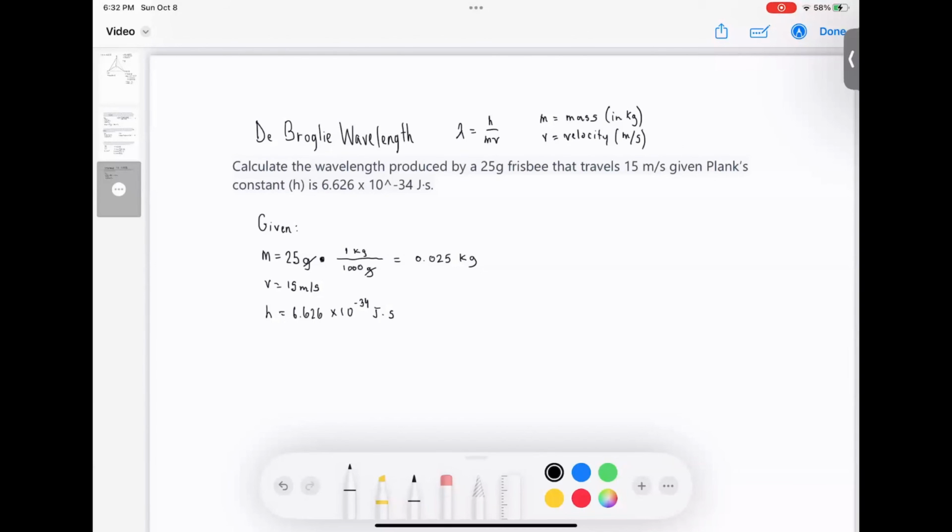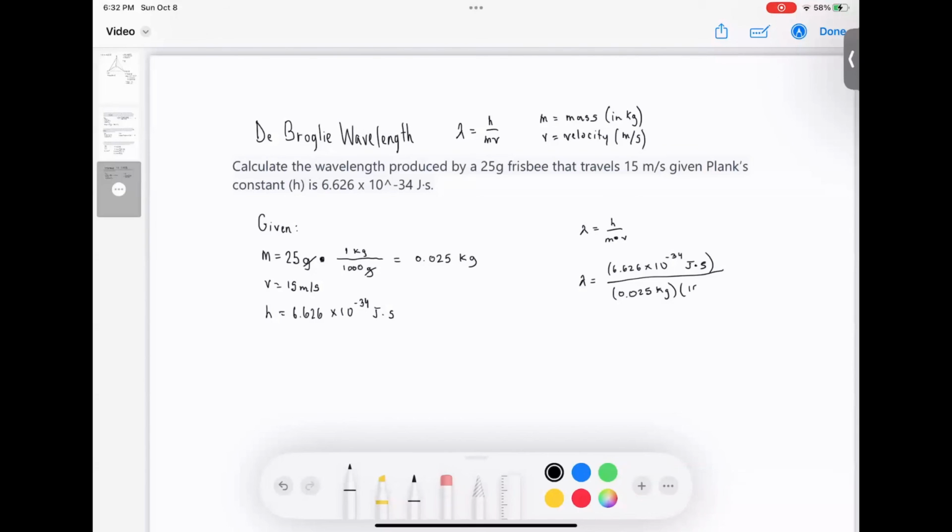Now we just plug into that de Broglie's wavelength equation. To remind you, it's wavelength equals h over mass times velocity. All right, so now wavelength is equal to our 6.626 times 10 to the negative 34 joules times seconds, divided by mass, which is 0.025 kilograms, times your velocity.